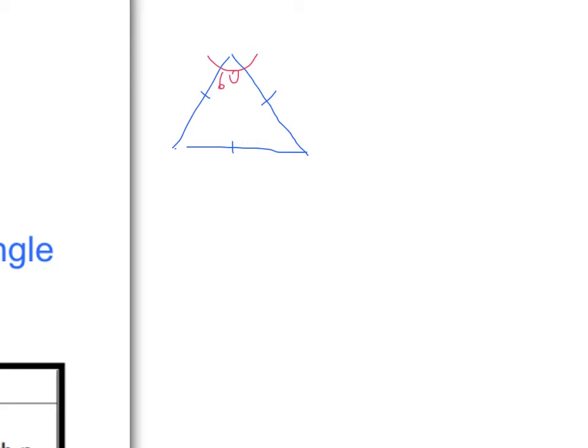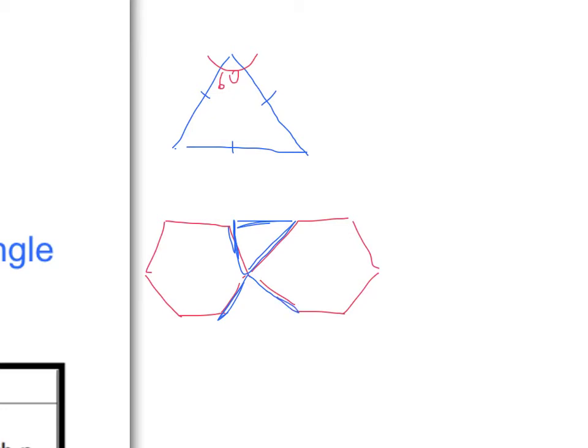So when we put two regular same-sized hexagons together like that, excuse me for the drawing, we're left with a triangle in here and a triangle in here, and we know that each interior angle of the regular hexagon is 120, and we know that in an equilateral triangle this angle is 60.